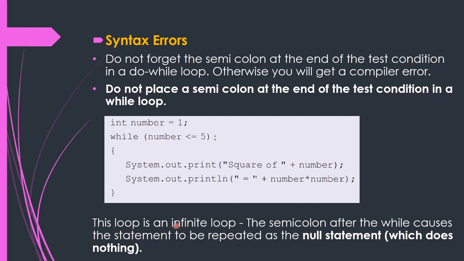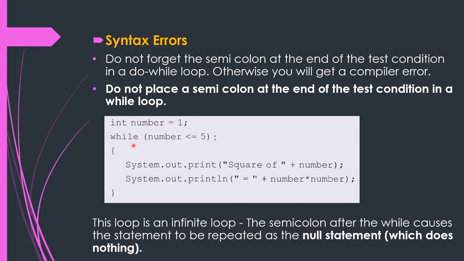Here in this case, if we take the same example and put the semicolon after the test condition of while, then the loop will become an infinite loop, because the semicolon after the while causes the statement to be repeated as a null statement. Now tell me one thing. Here we have initialized the number and we have given the test condition. But what comes after? Because here we have provided the semicolon, and semicolon means end of the statement.